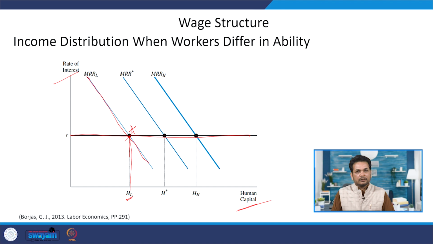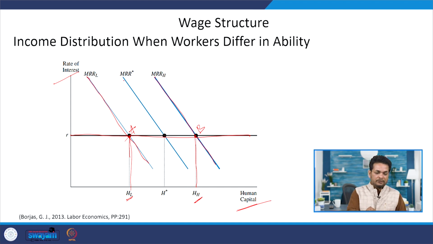Further, the workers who have high ability are guided by their marginal rate of return, and with it they are at point B. So, they acquire H amount of human capital. Whereas, the one third with medium ability are guided by their marginal rate of return, which intersects with the discount rate at point C. So, they acquire only H star amount of human capital.